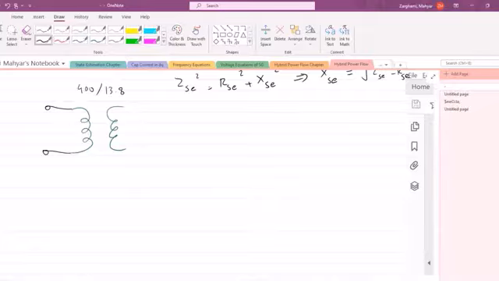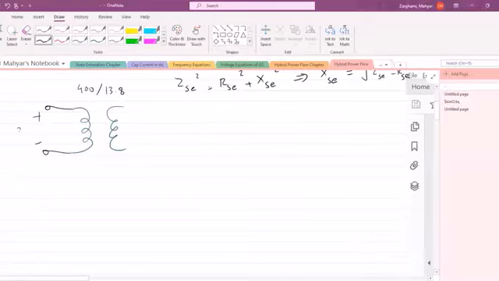It doesn't mean that the voltage that you measure here should be exactly 400. It should be around 400, but it could be 5% higher, 5% lower, anything in that range, or even more than that. When there is a lot of load in the system, the voltage could go even lower than 5% of its nominal value.